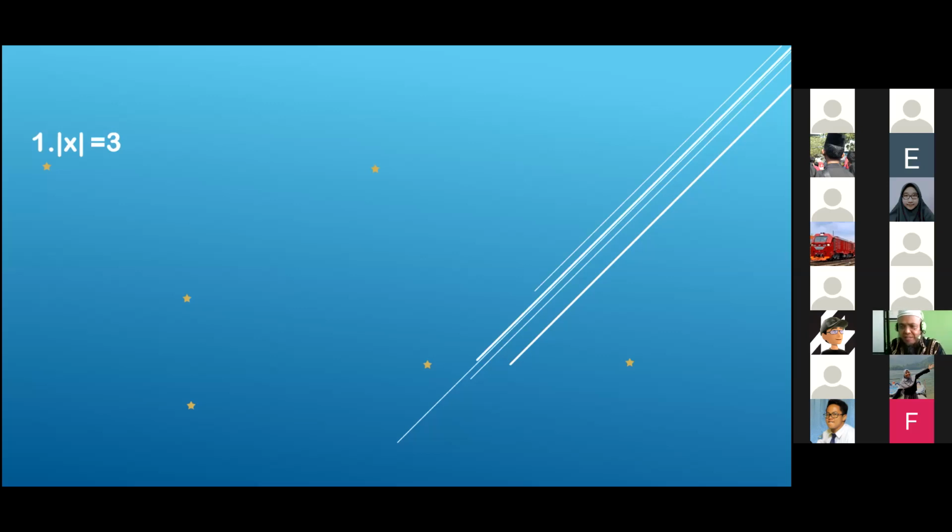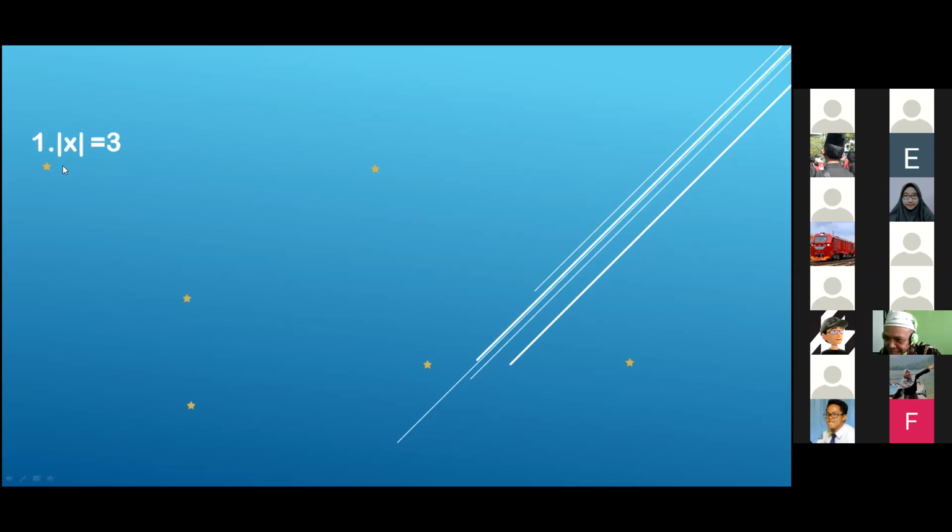I have not given a specific condition to X. X is any real number such that the absolute value of X equals 3. How do you know X is positive? Is X negative or positive?